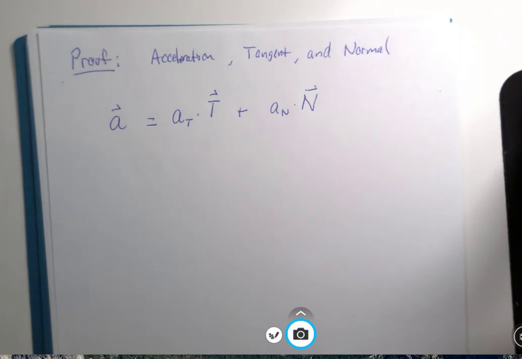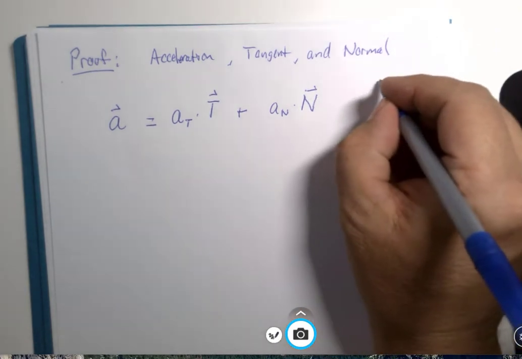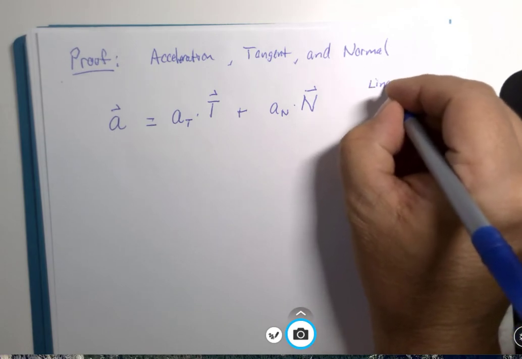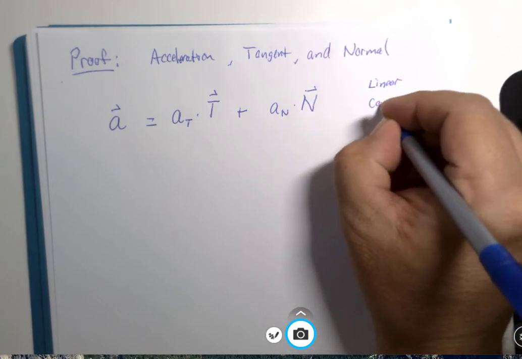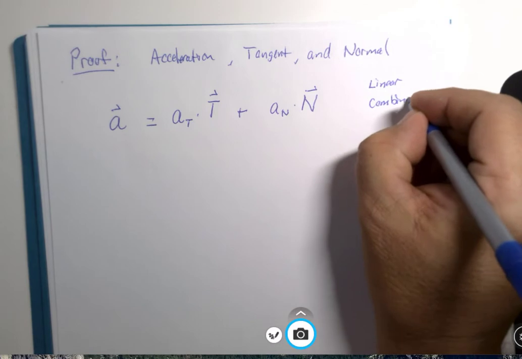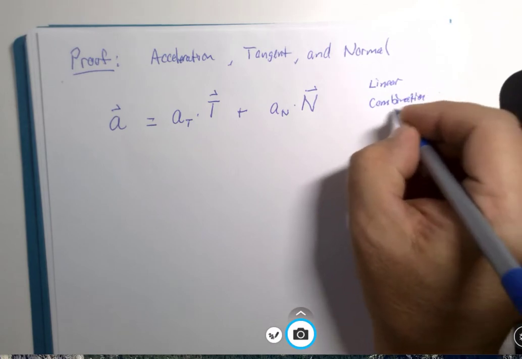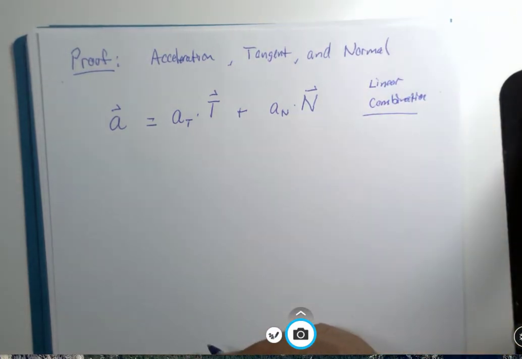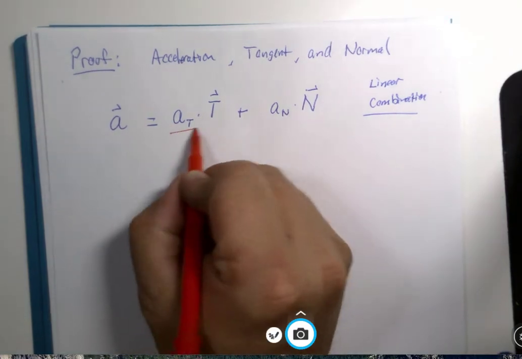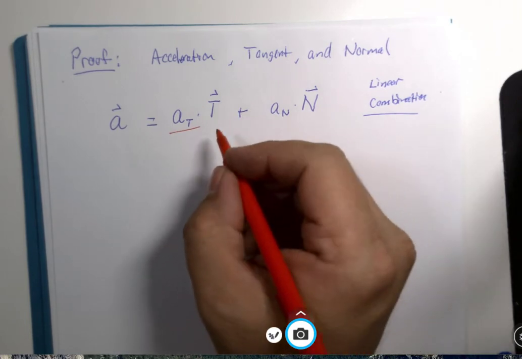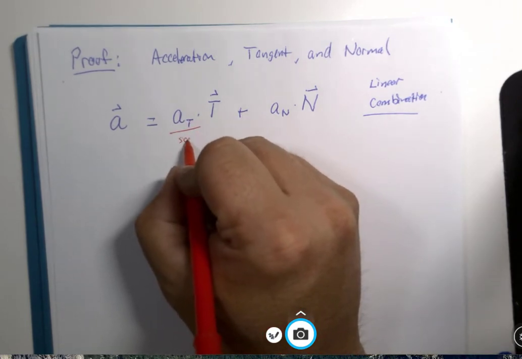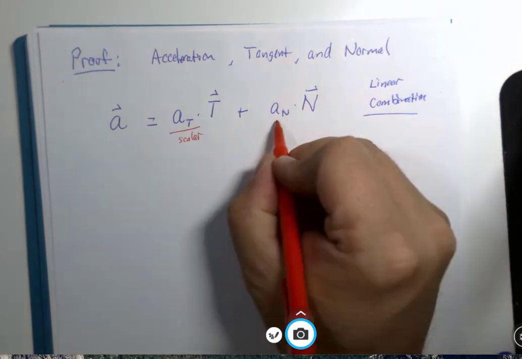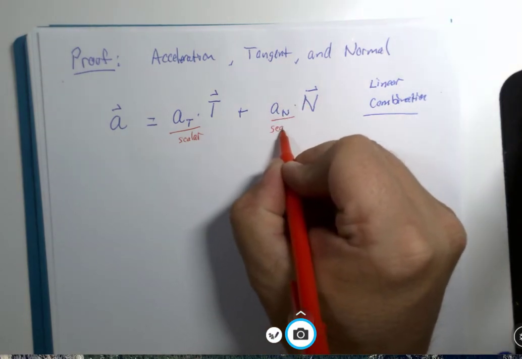acceleration can be found by a linear combination of tangent and the normal vector. So let me just show you some notation here. This is a scalar, a multiplier, as is this.